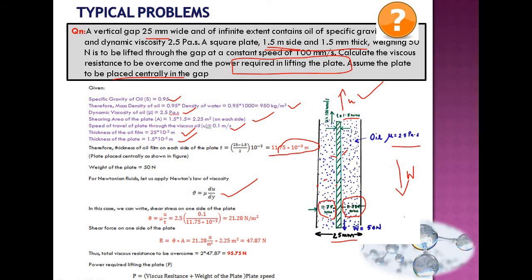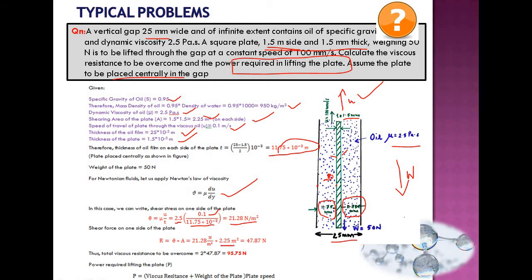What is the velocity of the plate? 0.1 meter per second. So du will be u minus 0, that is 0.1. So dy is 11.75 into 10 raised to minus 3, mu is 2.5. That will give you a shear stress of 21.28 for the fluid in this gap. And so what is the shear force? Of course, the shear stress multiplied with the shearing area. Shearing area you have calculated as 2.25.